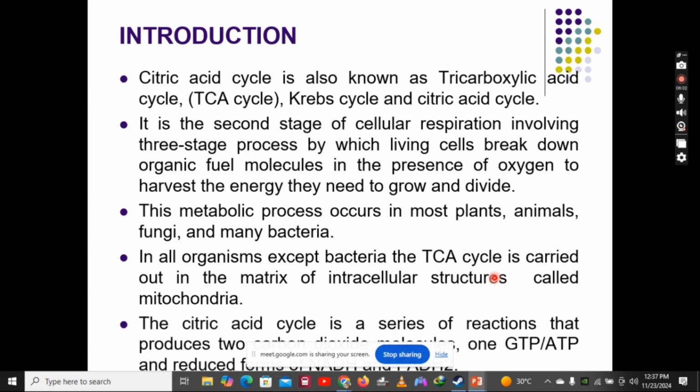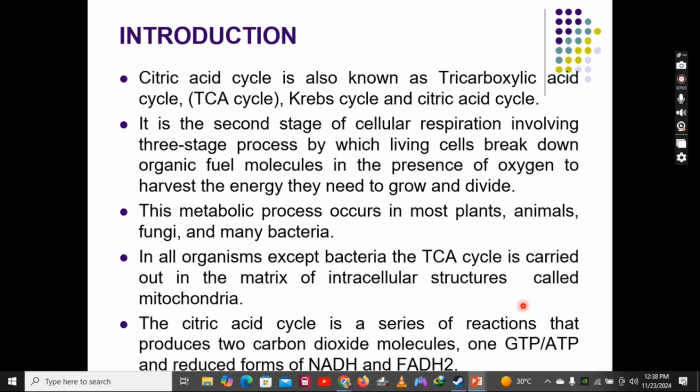So this cycle, the citric acid cycle, is a series of reactions, and there will be production of carbon dioxide, two molecules of carbon dioxide, in this cycle. Then one molecule of GTP and one molecule of ATP will also be produced.